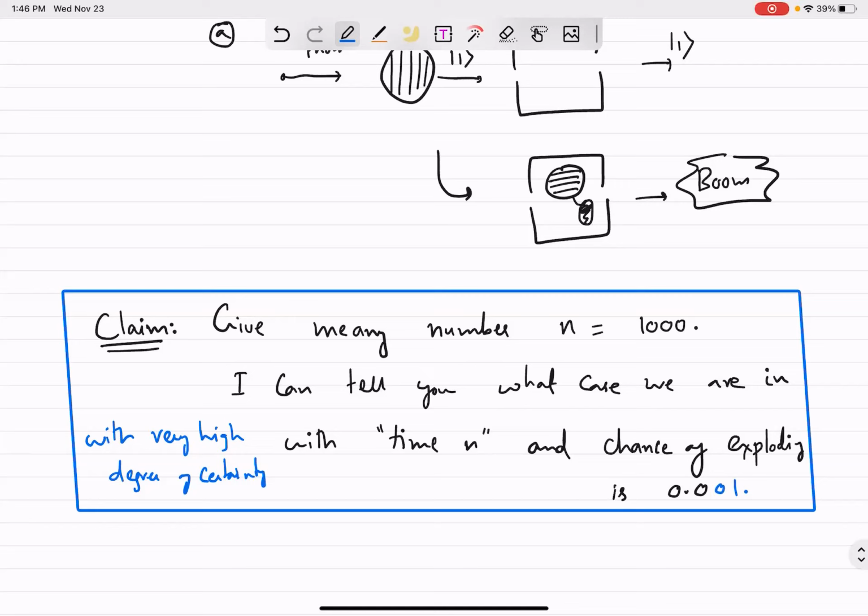Yeah, we can probe it, send a photon through. That's what you can do, but you don't want it to explode. So you have to probe it very differently.